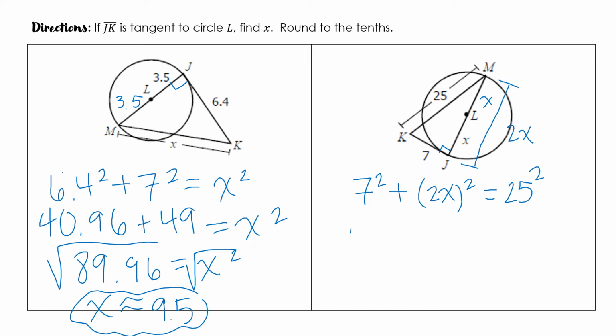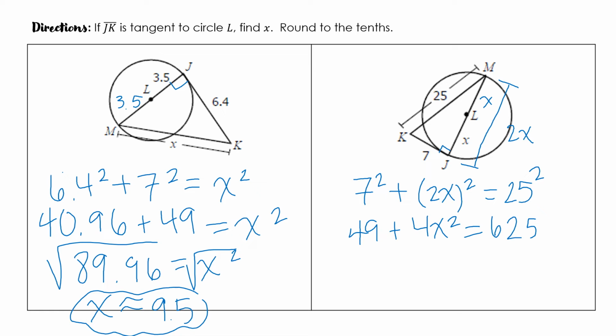So 7 squared is 49. (2x) squared means 2x times 2x. So you need to square both the 2 and the x. So that will become 4x squared equals 625.